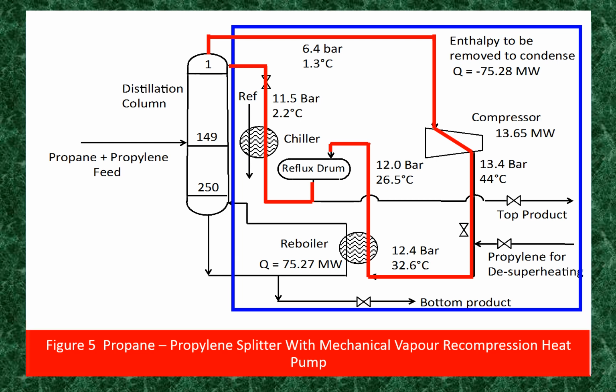From the reflux drum, the liquid is further subcooled by propylene refrigerant to reduce vaporization due to letdown across the flow control valve. The remaining liquid from the reflux drum is withdrawn as product propylene under level control.